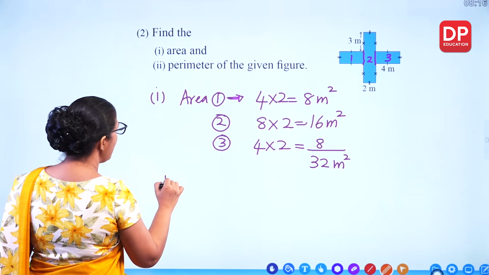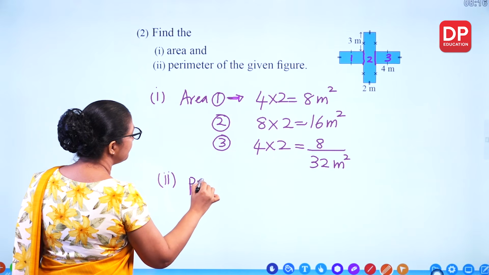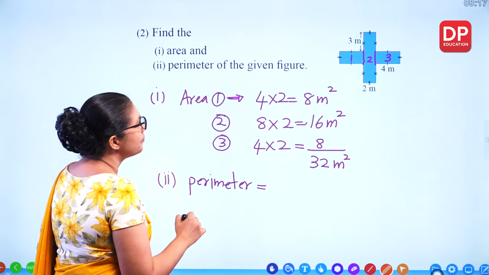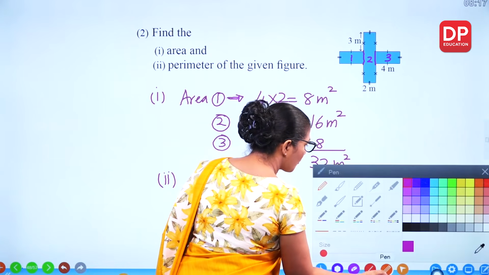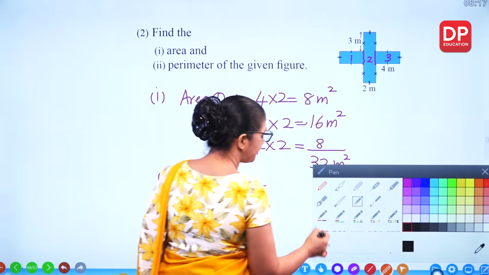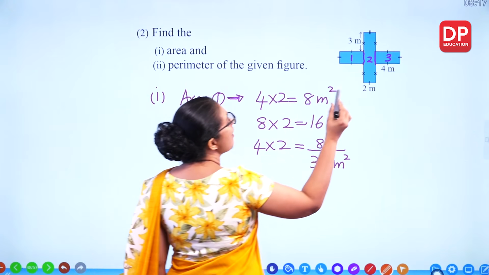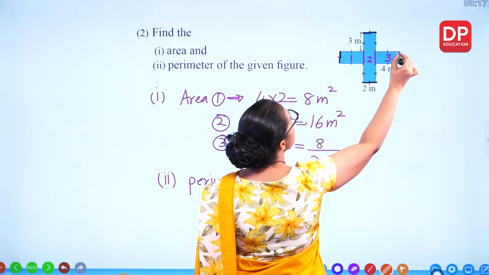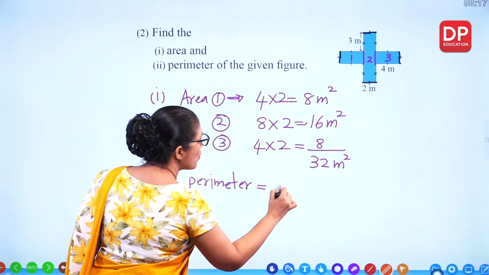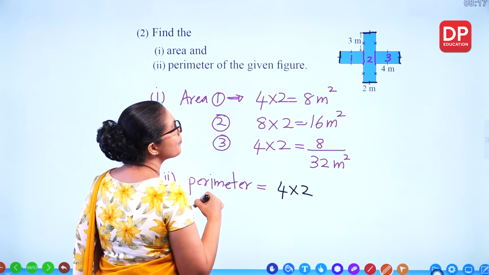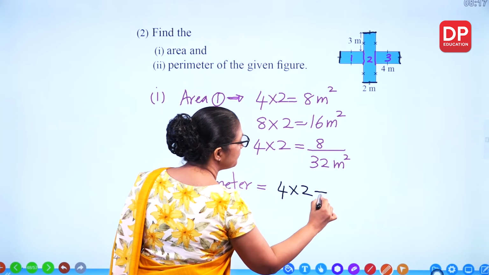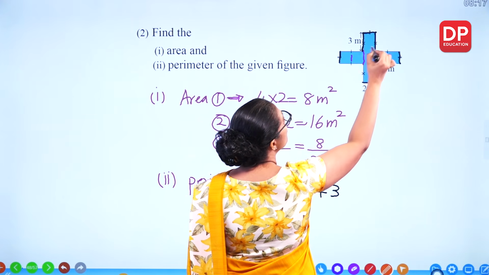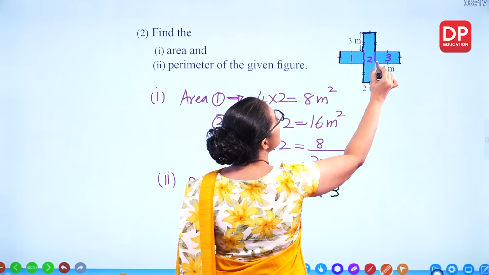And how do we find out the perimeter of this figure? We can just add the outer length. So we'll add it. How many 2's are there? 1, 2, 3, 4. 4 times 2. How many 3's are there? 1, 2, 3, 4.